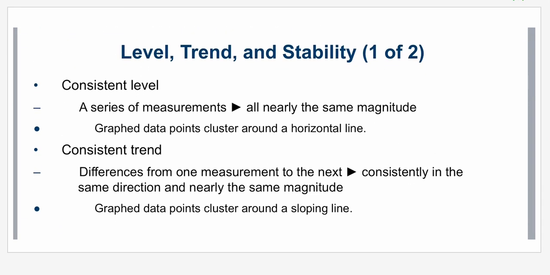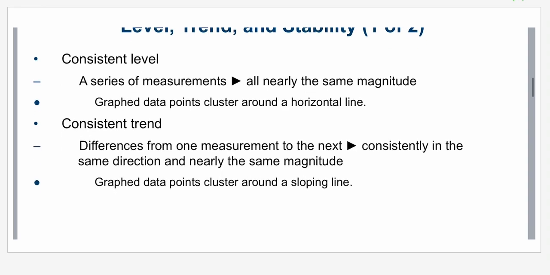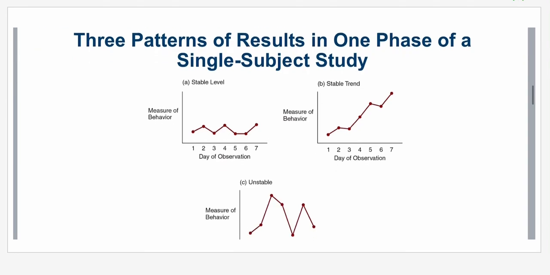Consistent trend, on the other hand, is not a horizontal line. It is still a line, but it is a sloping line, like when we looked at correlations. So the differences from one measurement to the next are still consistent, in a similar direction, and again, nearly the same magnitude. It says they cluster in a graph around a sloping line. So that is B here.